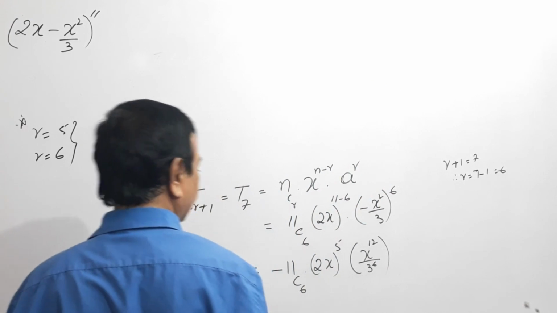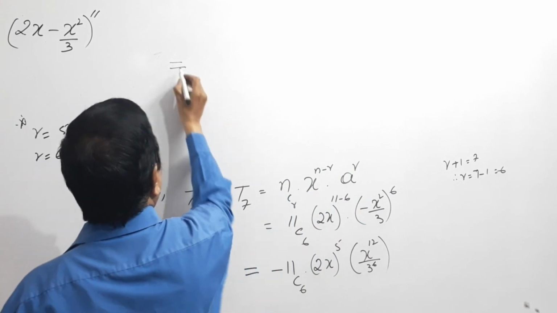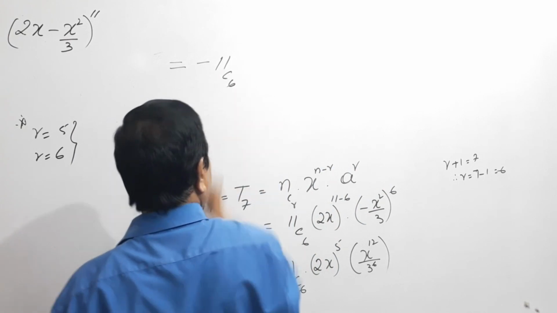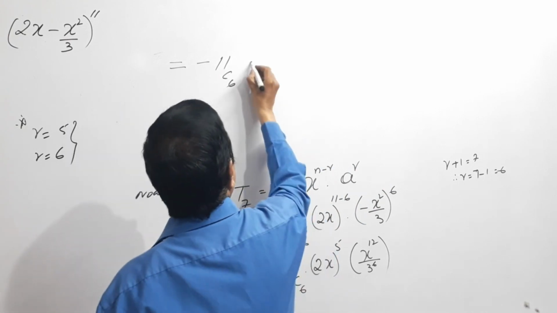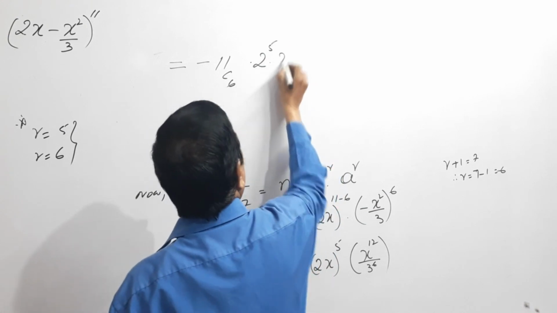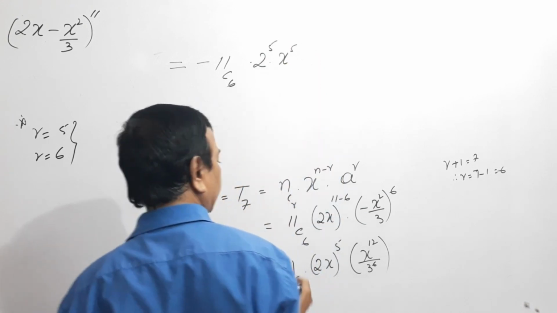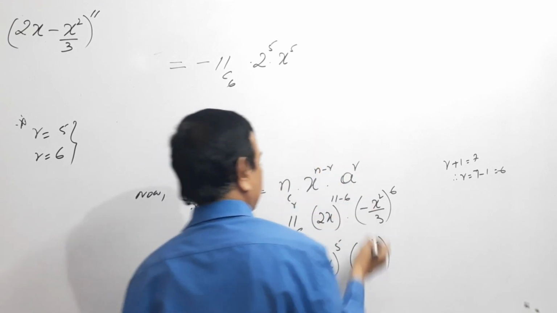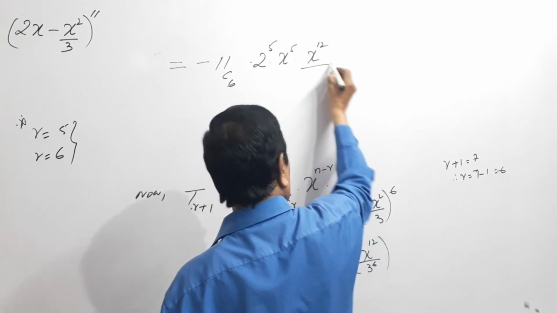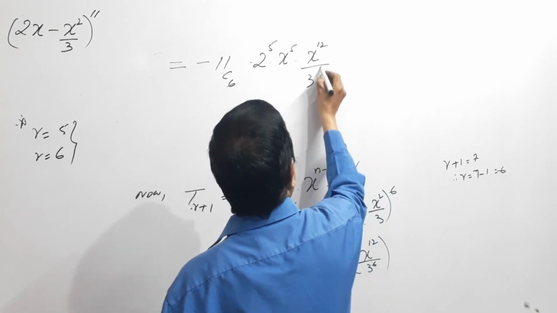We will simplify this. This is minus 11C6, so this is 2 to the power of 5, x to the power of 5, into x to the power of 12 by 3 to the power of 6.